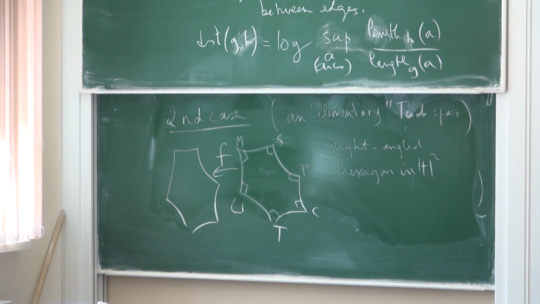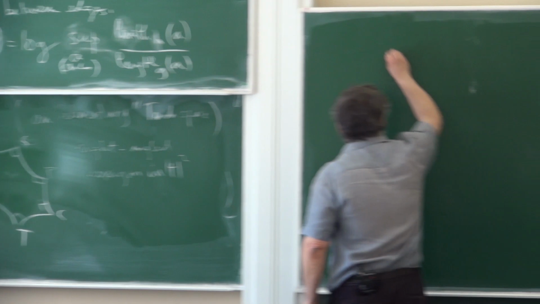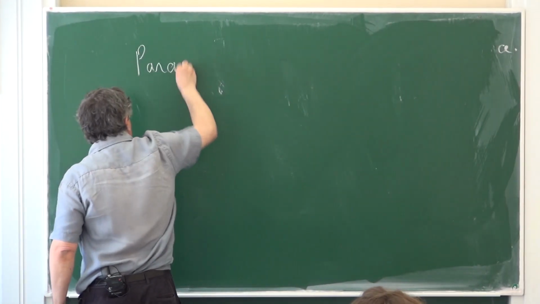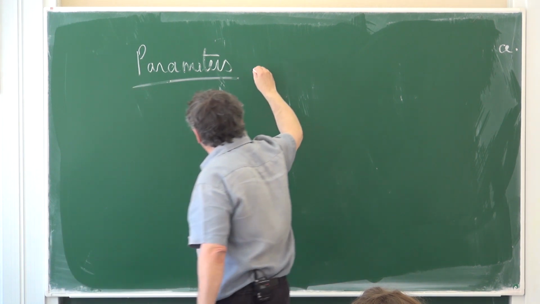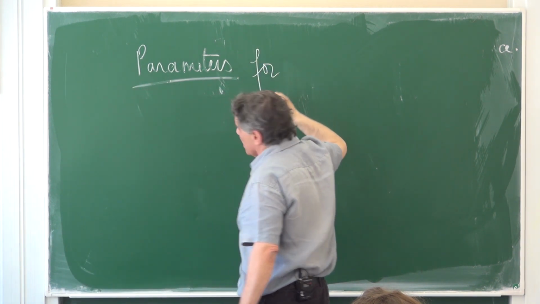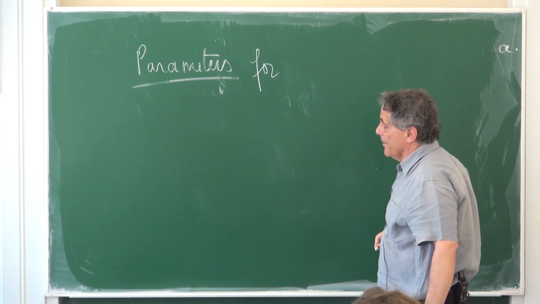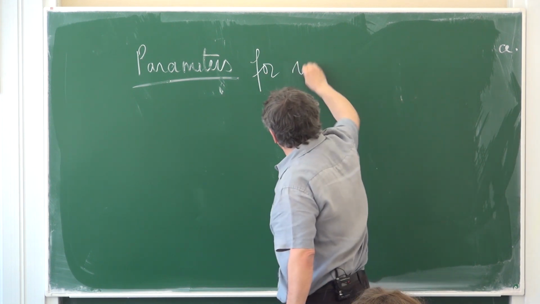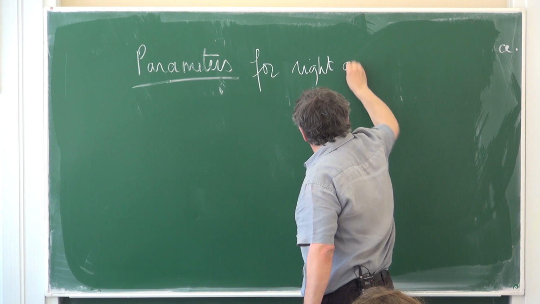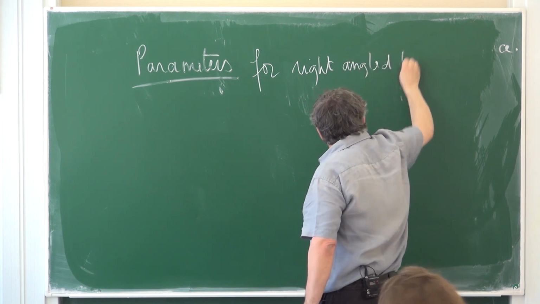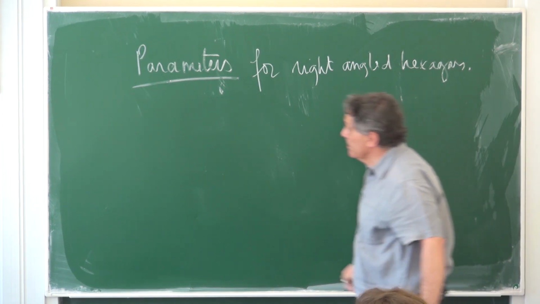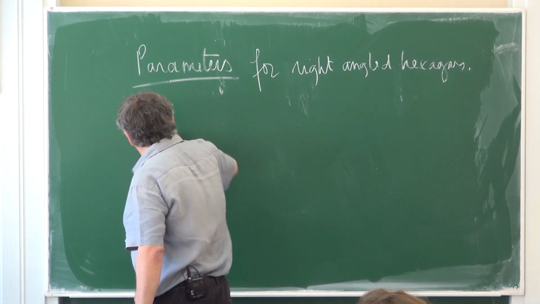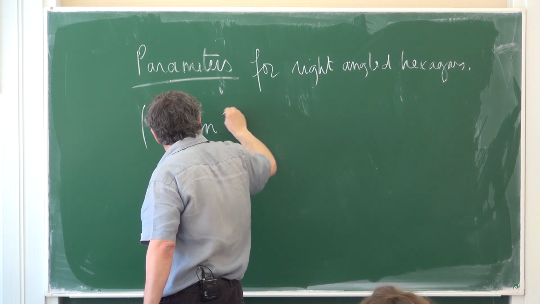Let me just mention that there's also a nice set of parameters, and this will be useful later also. Parameters for right-angled hexagons. This space is of dimension 3.